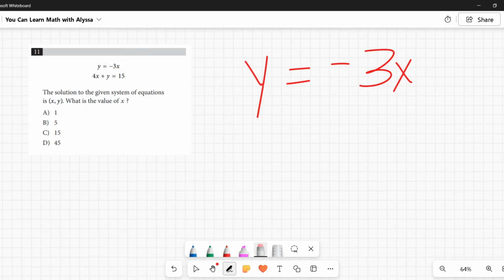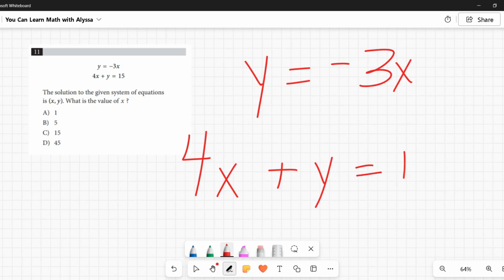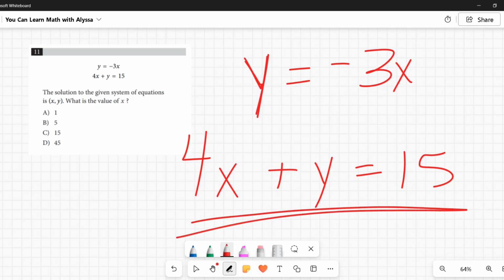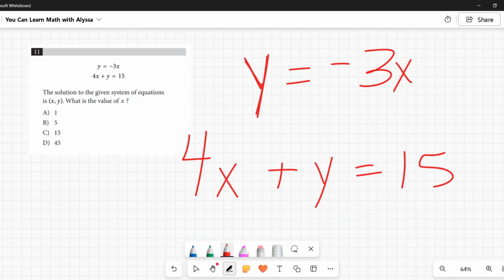Great. Now, how difficult is it going to be to solve for x when I substitute? Now that I know y is equal to negative 3x, wherever there's a y in the second equation, I replace that y with negative 3x.